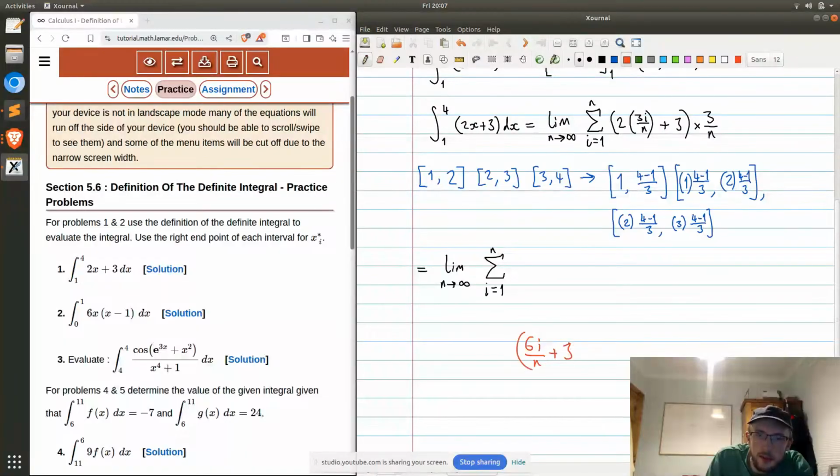All of that is times 3 over n, which is 18i over n squared plus 9 over n. So I actually do think it is that.